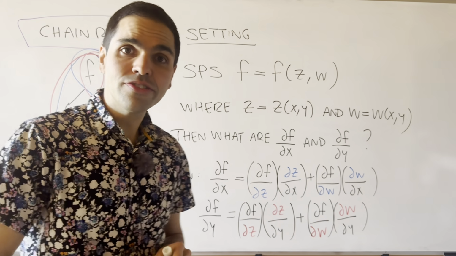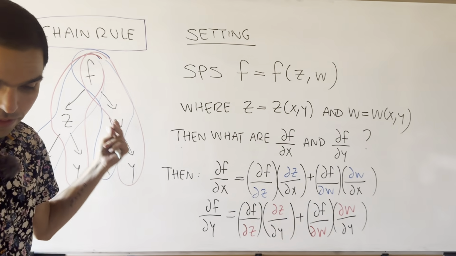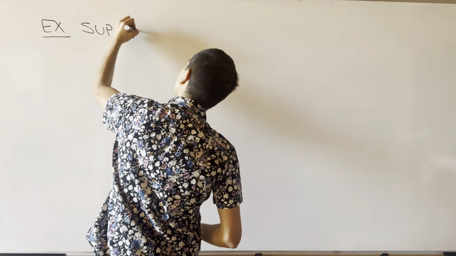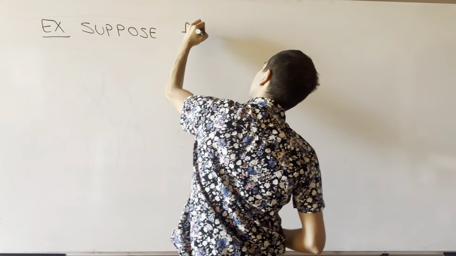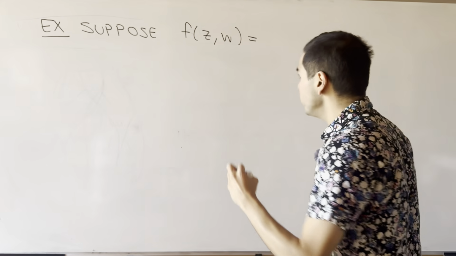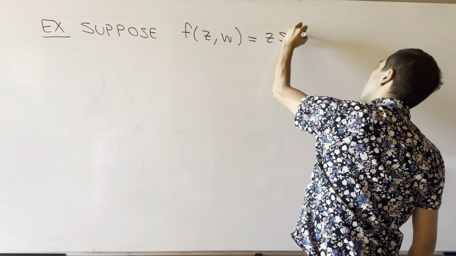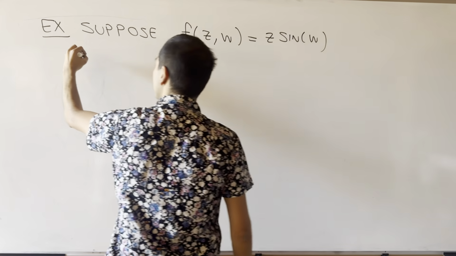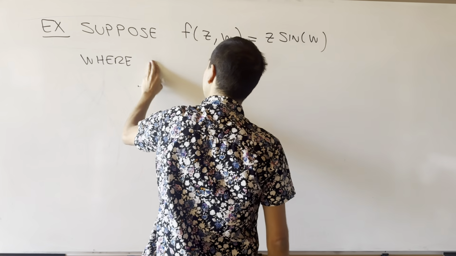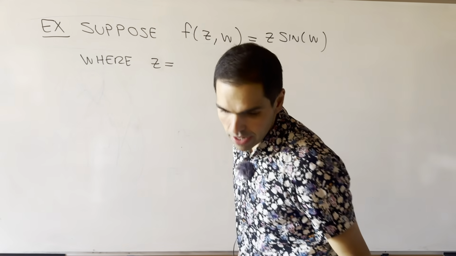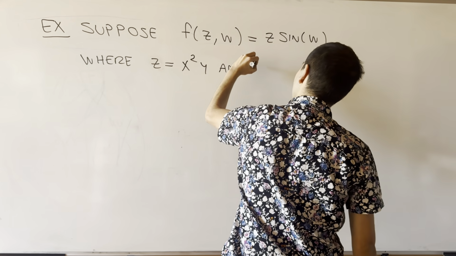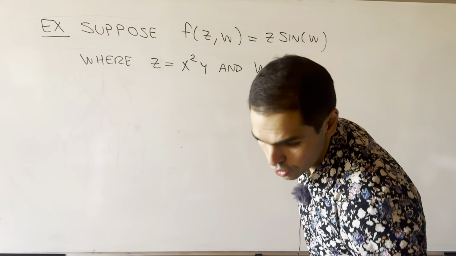But I do want to illustrate this with a small example. So for instance, suppose in this case f of z, w is z sine of w, where z is, I believe, x squared y, and w is x cubed, I believe.